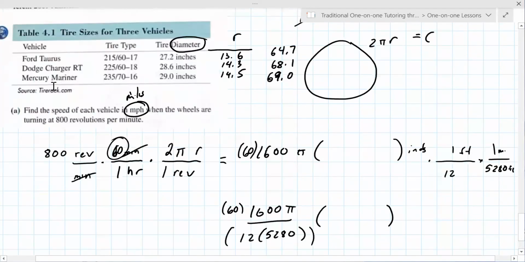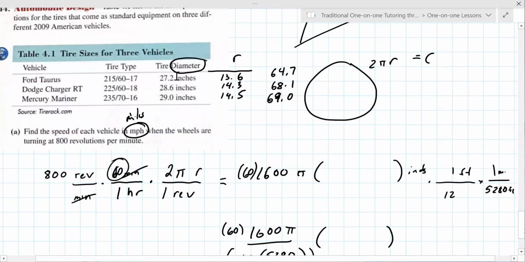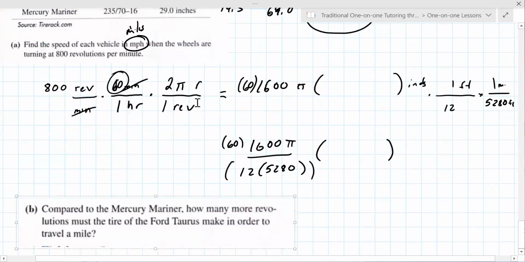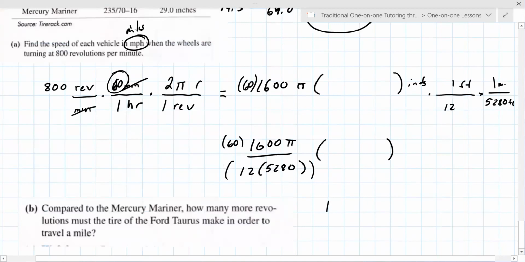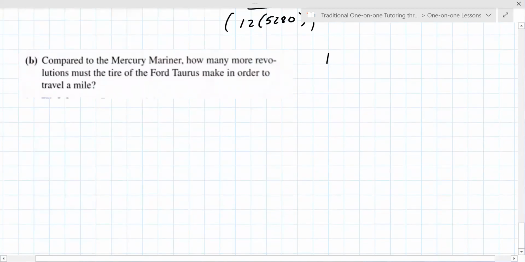So we're looking at the last two here, the Mercury Mariner, I'm sorry, the first one, the last one. So for the Ford Taurus, one revolution is 2 pi times 13.6 inches, and we know that we have to convert that.